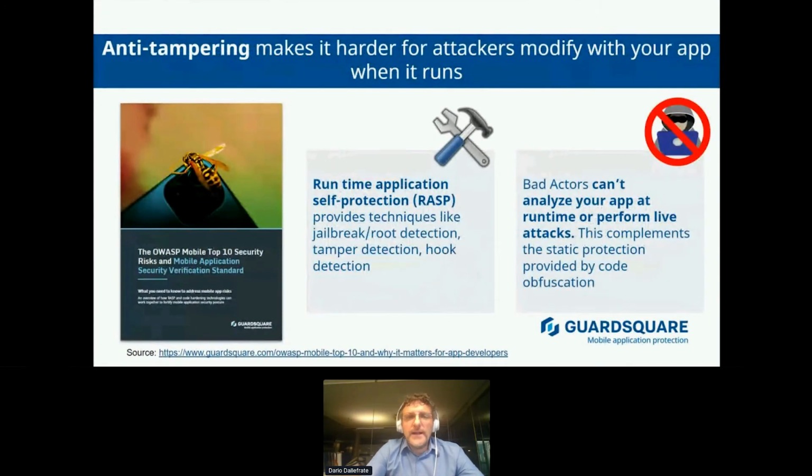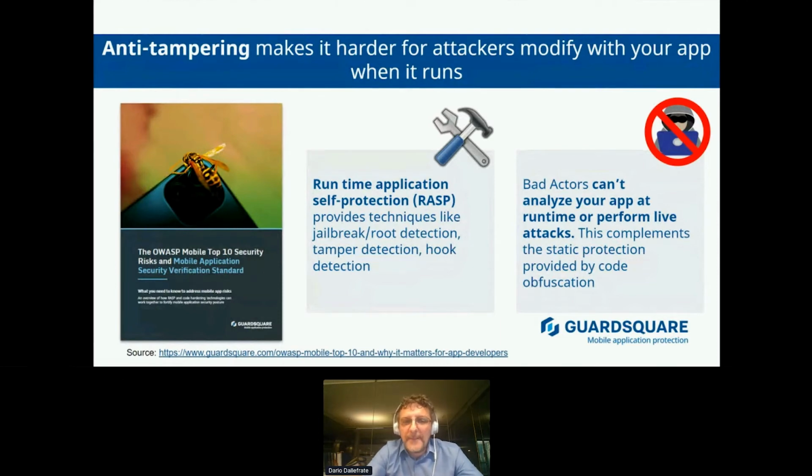According to OWASP, tampering with apps, so it means changing the behavior of your apps while they run, is also one of the top 10 mobile threats affecting Android and iOS applications. Bad actors use tools like debuggers or specific hooking tools like Frida to change the behavior of your app at runtime.